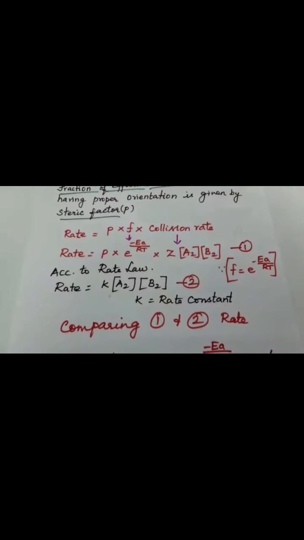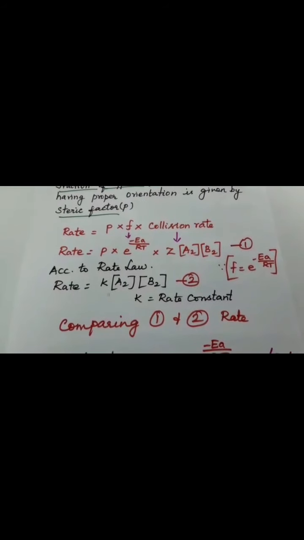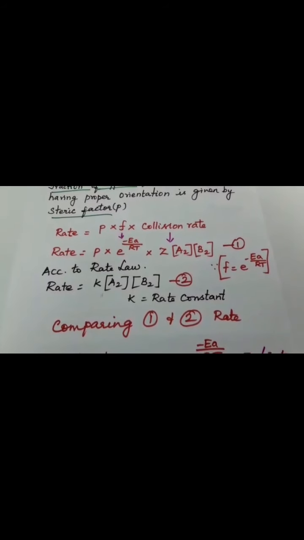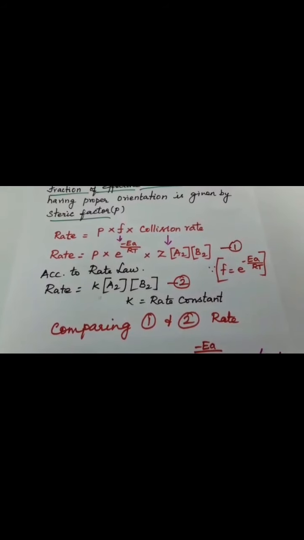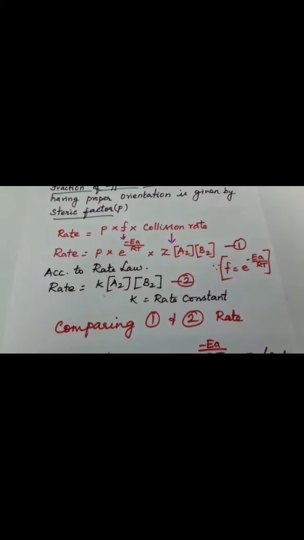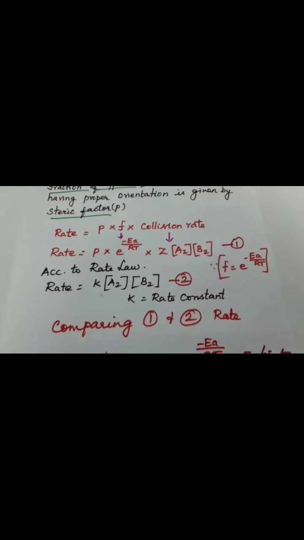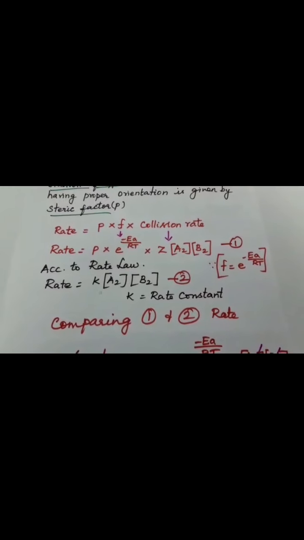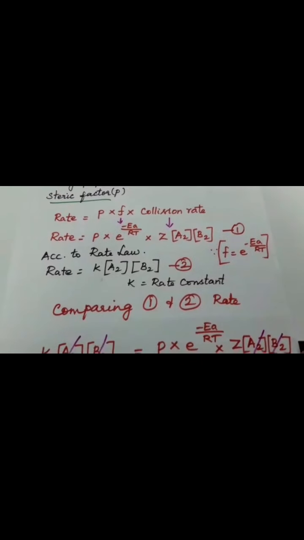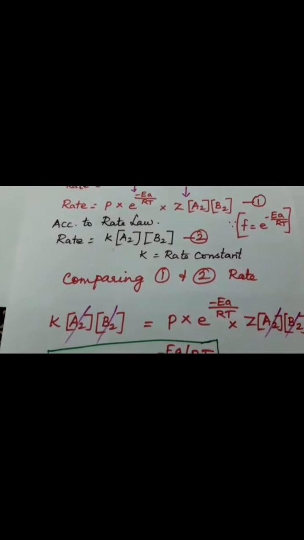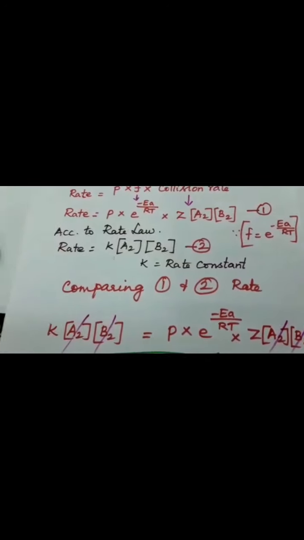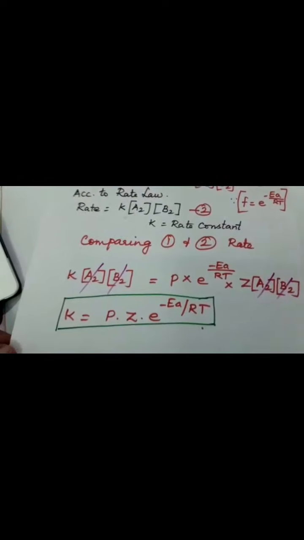The first expression we have seen is Z into concentration of A2 into concentration of B2. According to the rate law, the rate is equal to K into concentration of A2 and concentration of B2, where K is called the rate constant. So we got two rates, and we compare rate 1 and rate 2 and simplify.